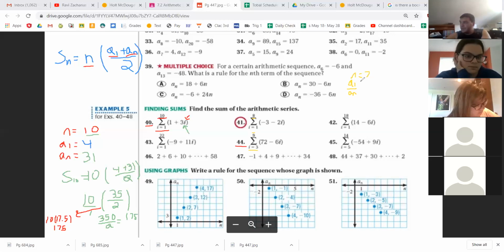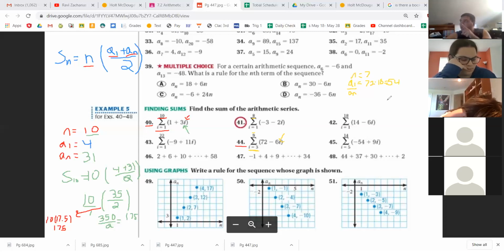So n is 7. a of 1 is when you start off. So where do we start off here? At 3. So we have to plug in 3 into this. So 72 minus 6 times 3. 6 times 3 is 18. So 72 minus 18 is 54. So a1 is 54.